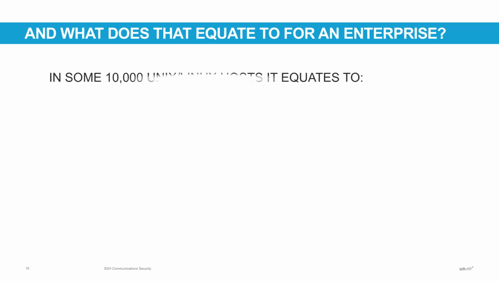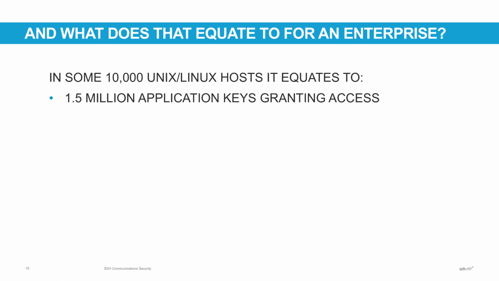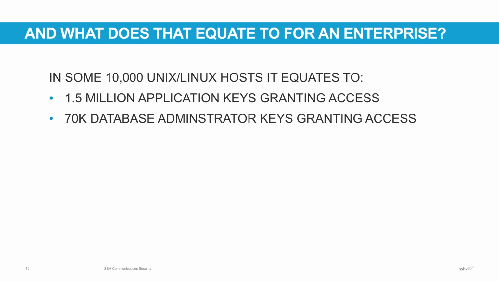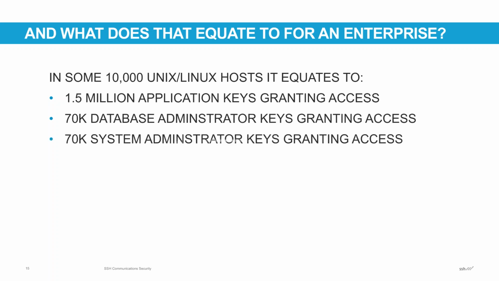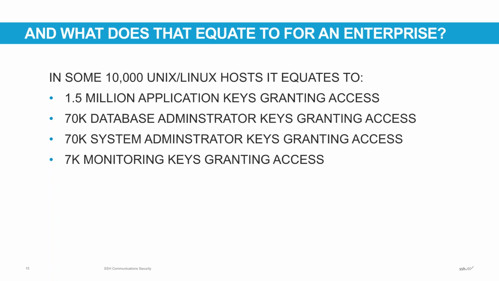For a bank we worked with for quite some time, at the point when we reached their 10,000 Unix host mark, this is the data that we stumbled on, which was very jaw-dropping, shocking data. They had 1.5 million application keys granting access, 70,000 database administrator keys, and 70,000 system administrator keys granting access. 7,000 monitoring keys granting access.